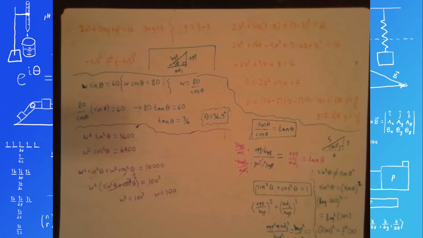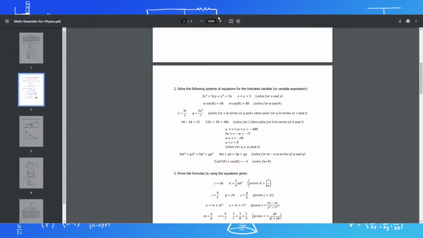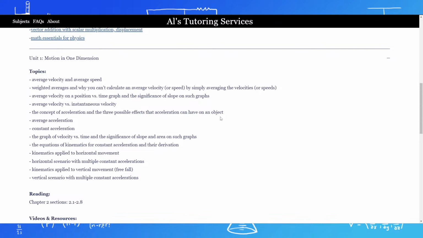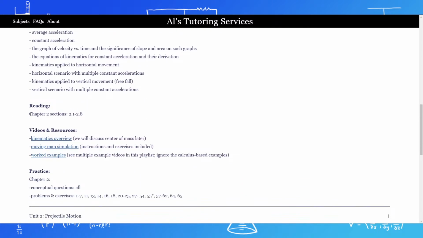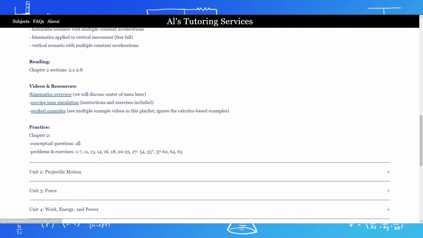So yeah, any announcements I want to make before I leave you for today? Let me think. I would recommend, so I guess let me switch to my computer screen over here, that you go ahead and look at the reading sections and do the kinematics overview.